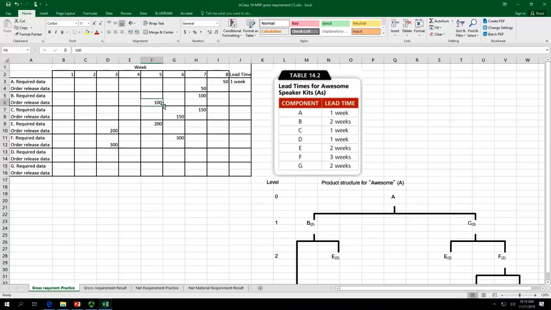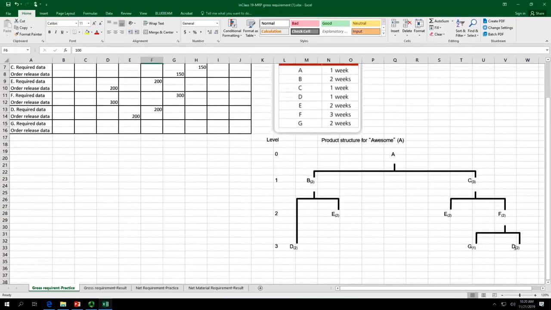So to get this 100 ready in the end of the 5th week, this is 200 over here. And the lead time is 1 week. So the order will be released in the end of the 4th week. This is D, the 200 pieces associated with B.